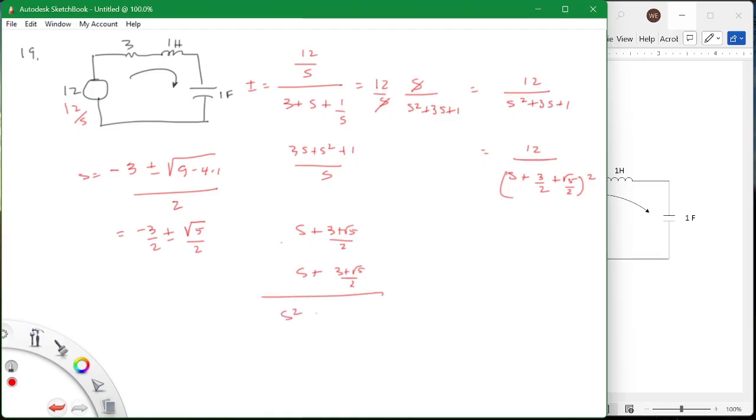So you got s squared plus what? 3 plus the square root of 5 over 2 times s times 2, plus this term squared, 3 plus the square root of 5 over 2 quantity squared. It's messy.